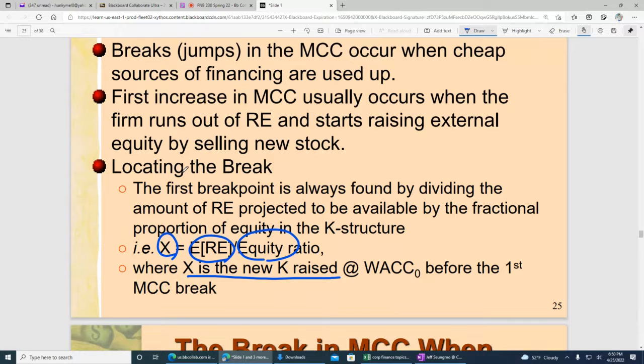So what does that mean? If the new equity required is 5 million, and the retained earnings is only 2 million, this ratio is of course 2/5 or 40%.